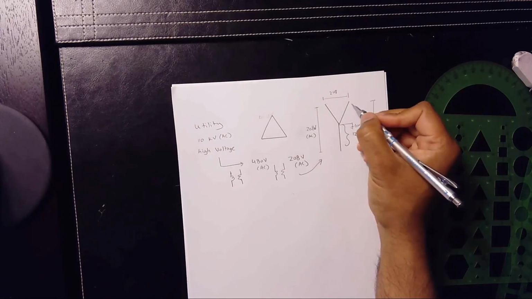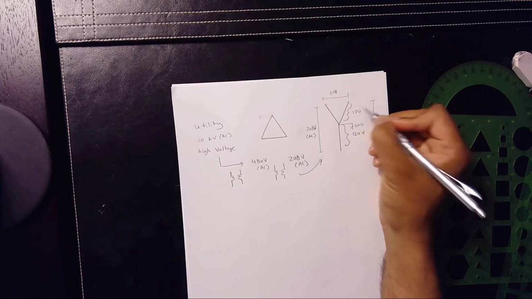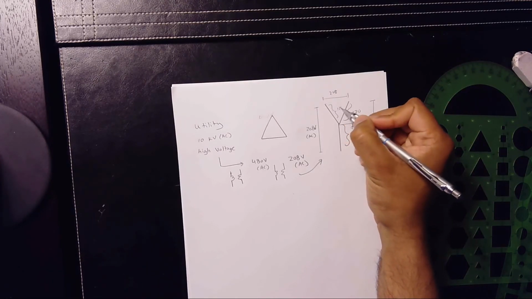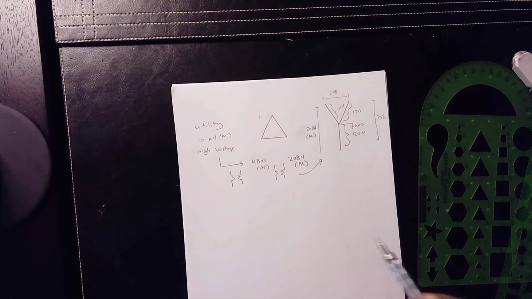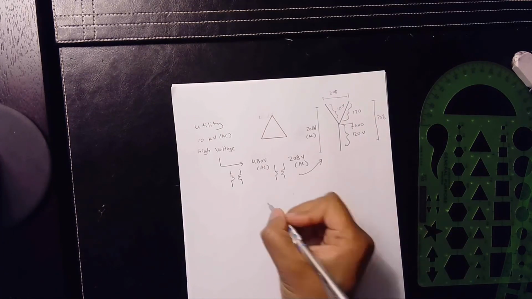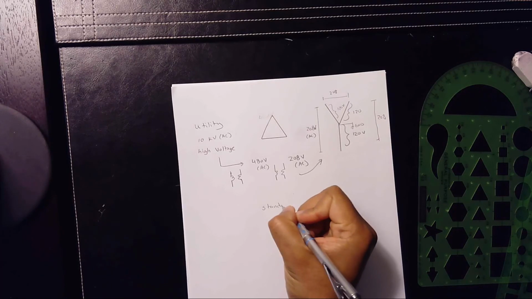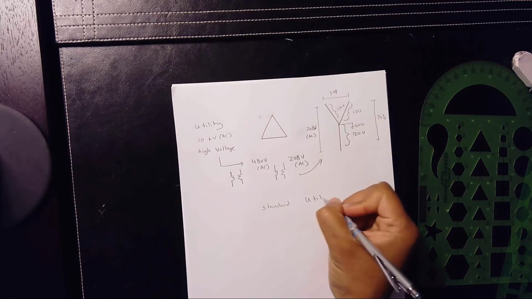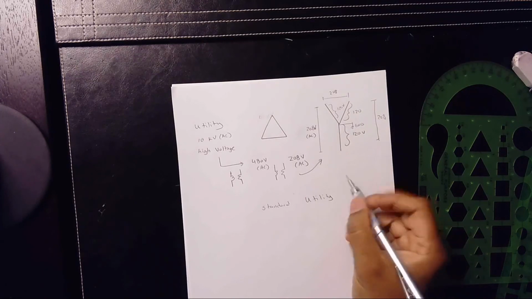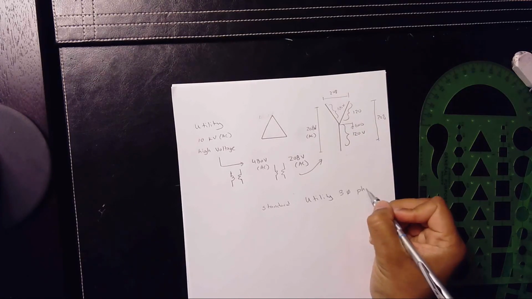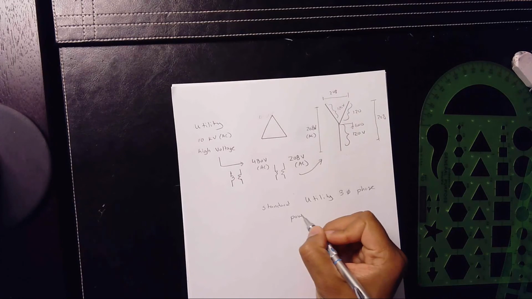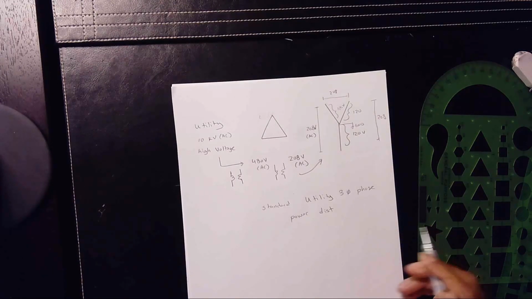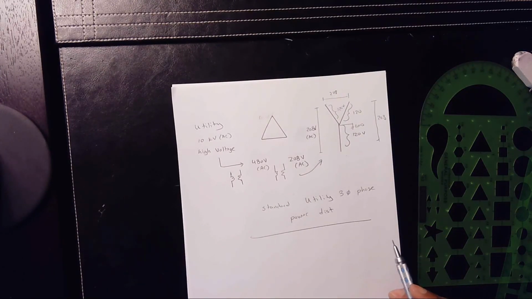Okay, and here to here is 120, here to here is 120. Okay, so I would expect you to know the normal utility drop. This is your standard utility drop, your standard utility three-phase power distribution. All right, so kind of know that trend, okay? Now, in the next video, we're going to completely analyze the delta Y, okay?